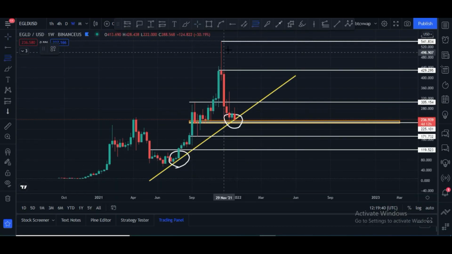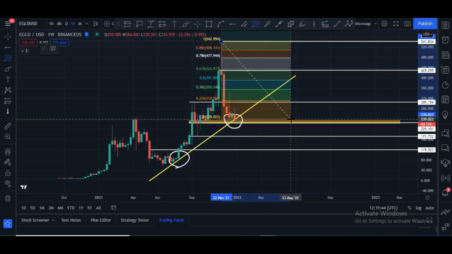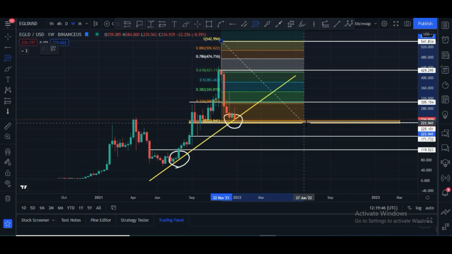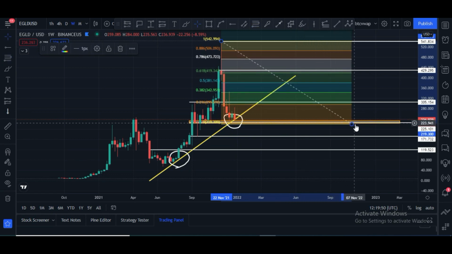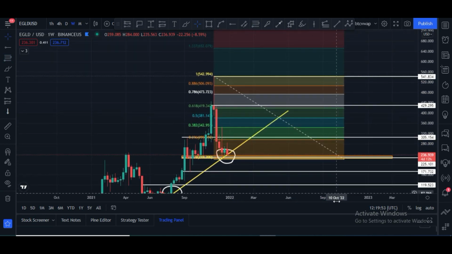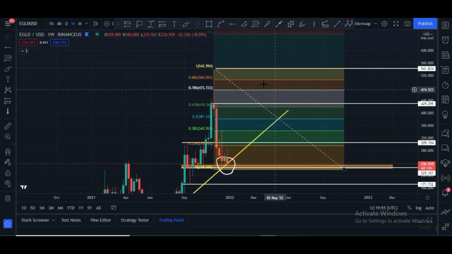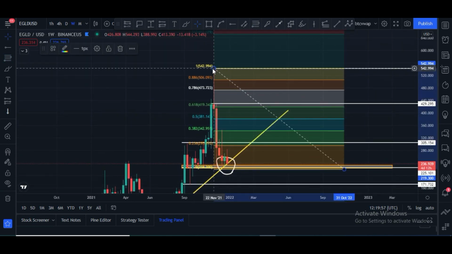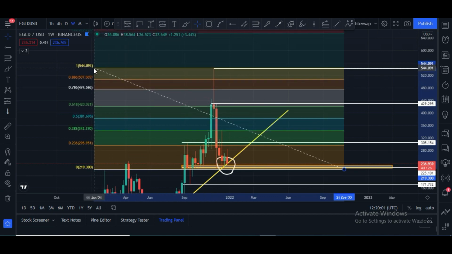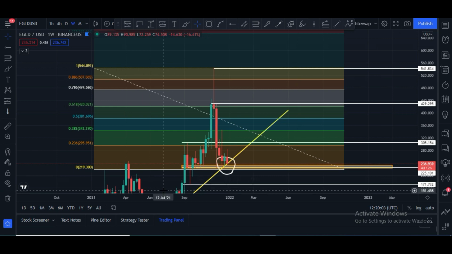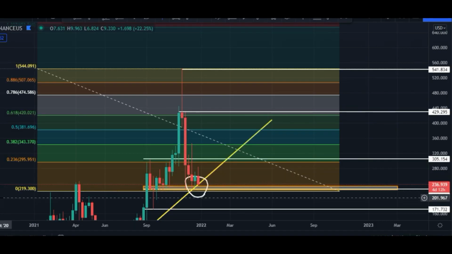If I calculate according to the Fib tool, let me arrange this. Here you can see it has to cross the $295 price zone.